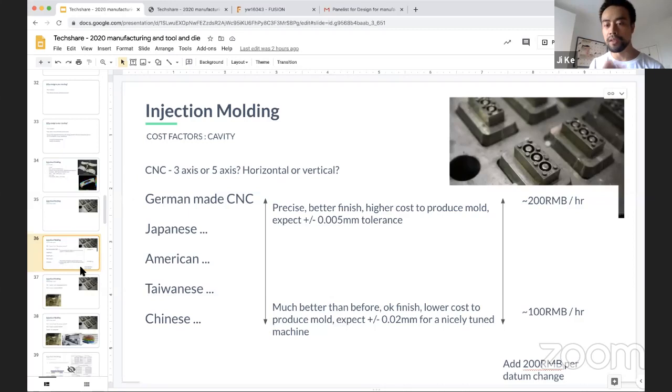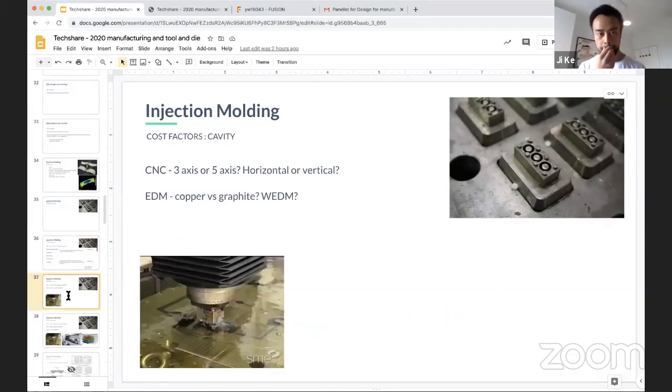This is the same for Chinese mold shops, European mold shops, American, Indian shops. The hierarchy of quality will be indicated by the brand, right? The cost, of course, will be very different from each of these suppliers, but the expected quality of output will be on this side, right?